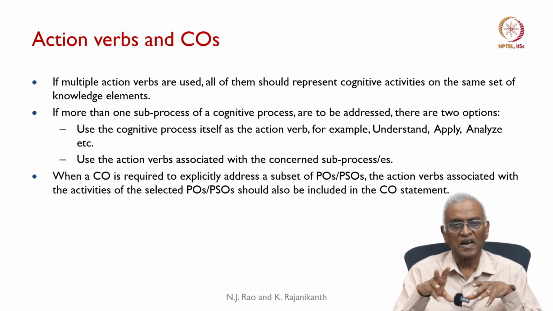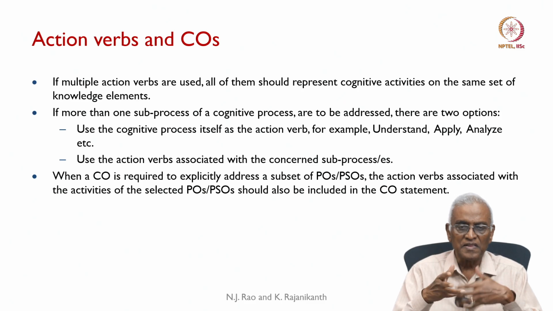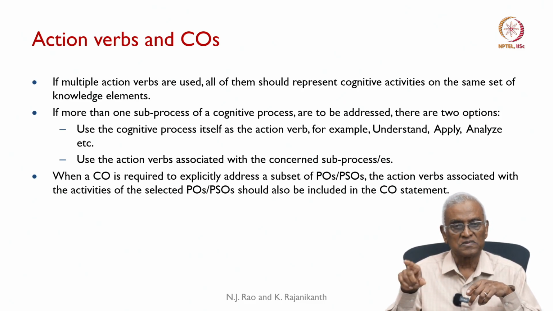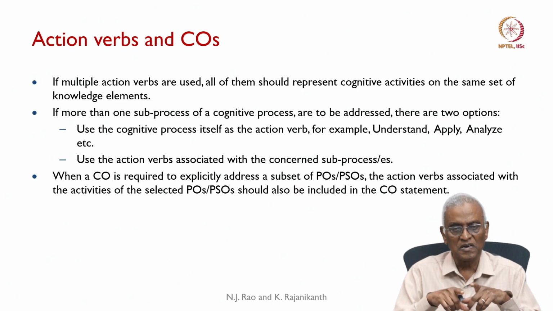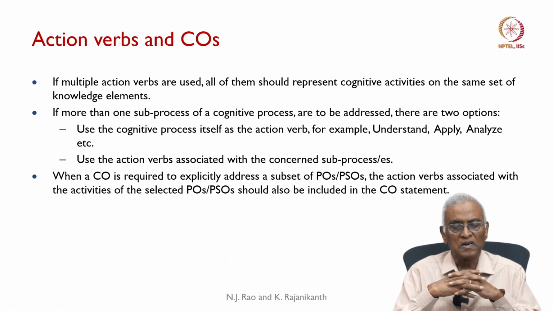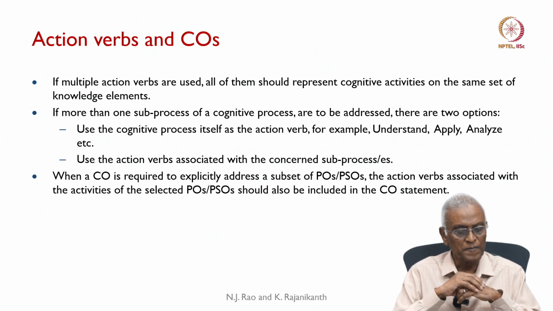If I say understand, I am employing all the possible sub-processes under that. That's what it means. The other way is to use action verbs associated with the concerned sub-process. We'll presently show examples. So both options are possible, but one is more detailed if you are using multiple action verbs, highlighting a subset of the sub-processes. Okay.